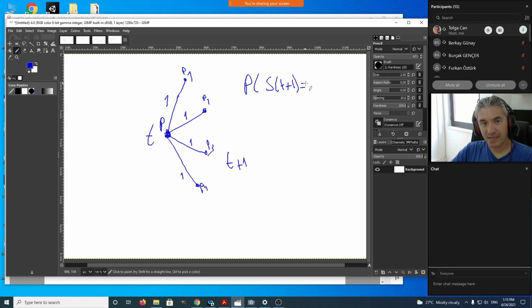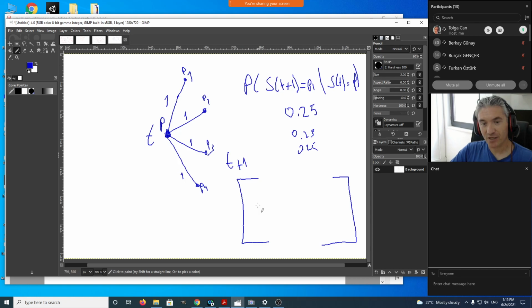What is the probability that you're going to be at P1 given that your state at t was P? Since it has only 4 neighbors, this probability is going to be 0.25, right? If it's equally likely to go to any one of those neighbors, they need to be all 0.25, 0.25, 0.25.